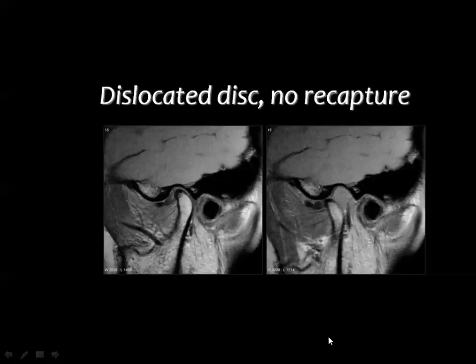And this is also another example. The articular disc is located anteriorly below the articular eminence, and after opening the mouth, you see that the articular disc is maintaining its abnormal anterior position.